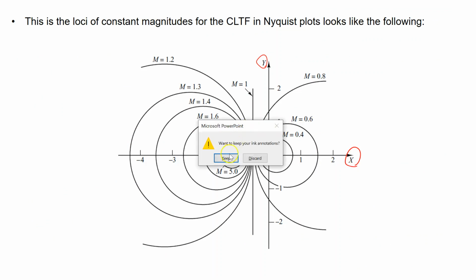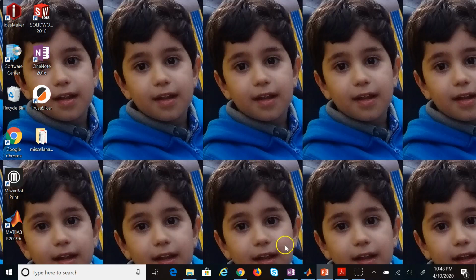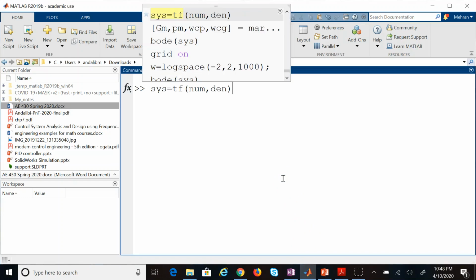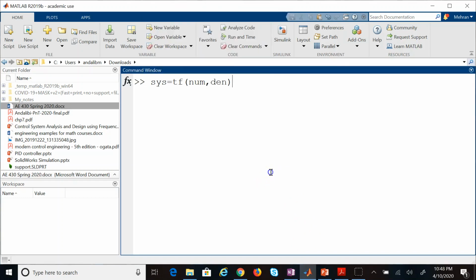You know what, let me actually do it in MATLAB right now. Why should we imagine? Let's do it. So it is s over s plus 1. We say system is transfer function of, and I do it for K of 1, so the numerator is 1, and the denominator is s times s plus 1, which is 1, 1, and 0.